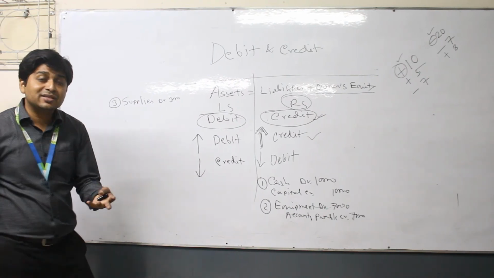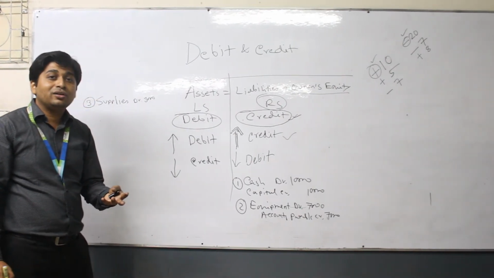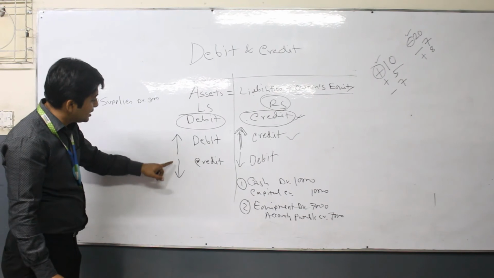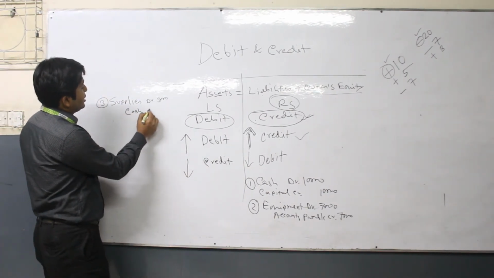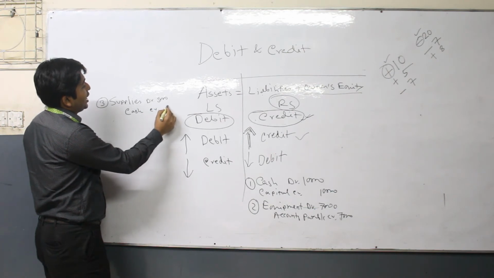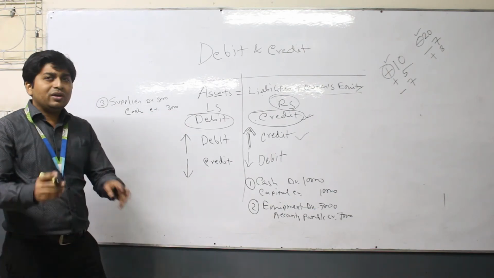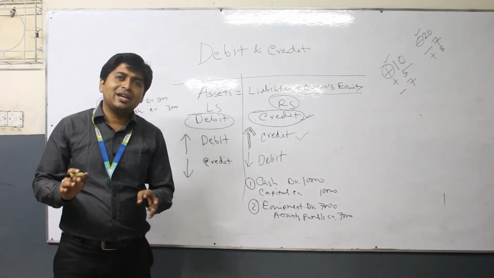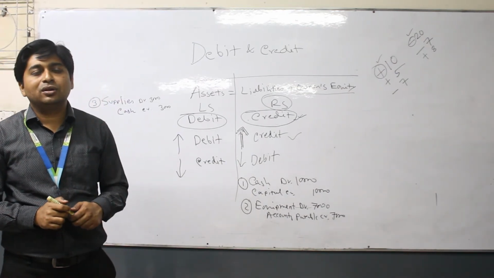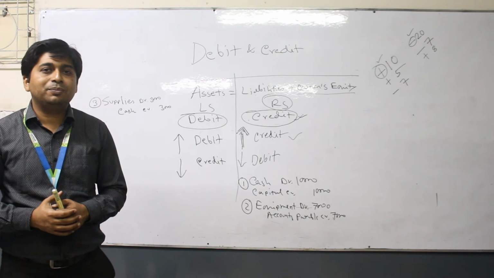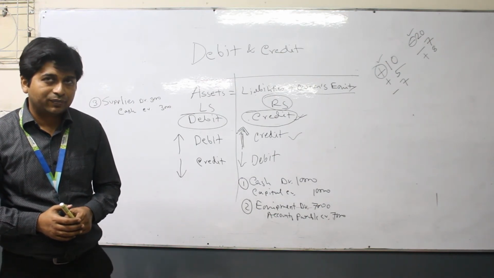Cash is another asset and that is also decreasing here. If the asset decreases, that should be recorded as credit. So we can say supplies account debit and cash account credit. Each and every transaction can be worked out under this procedure to determine the correct debit and correct credit.